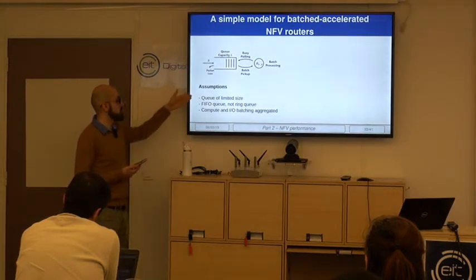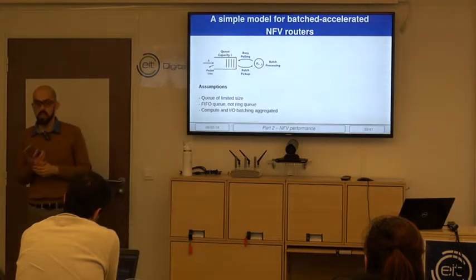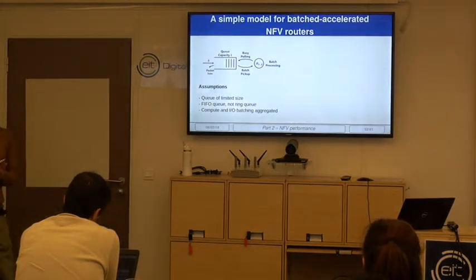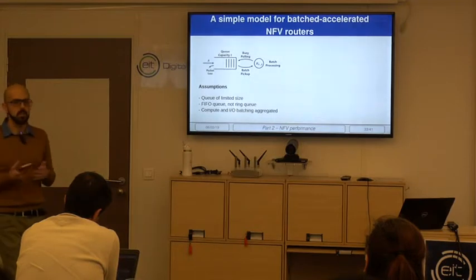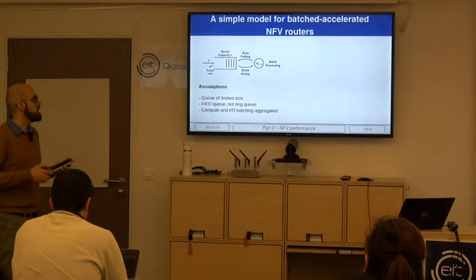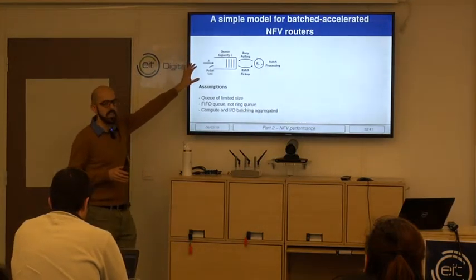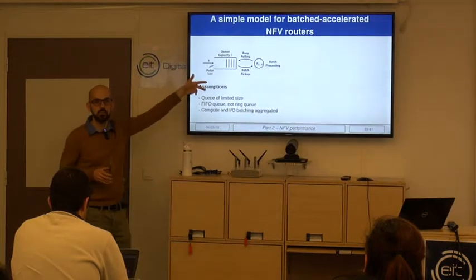Another assumption that we had is that we are considering a FIFO queue, first in, first out, while in typical software routers we are not dealing with queues, we are dealing with packet rings. So in case of an overflow of this queue, for a FIFO queue, the most recent packets will be dropped.